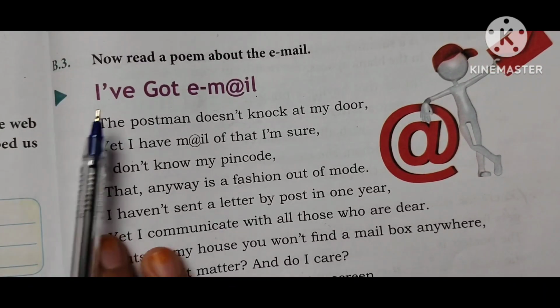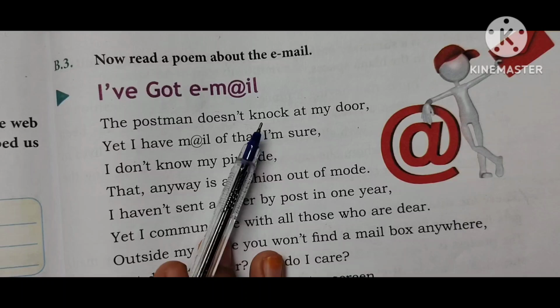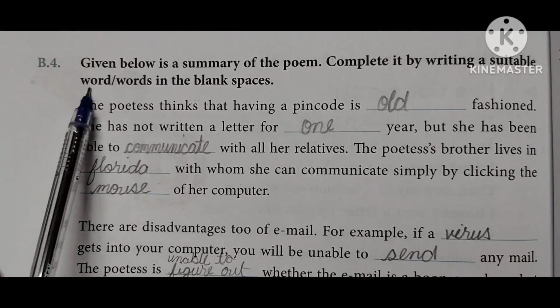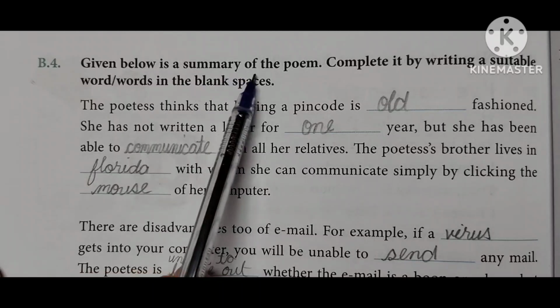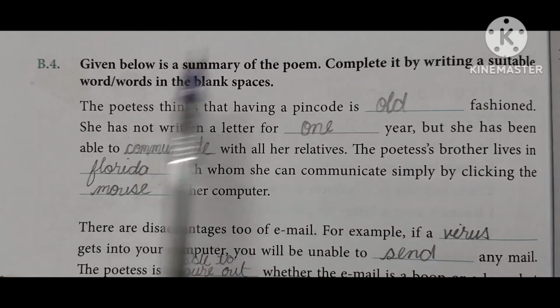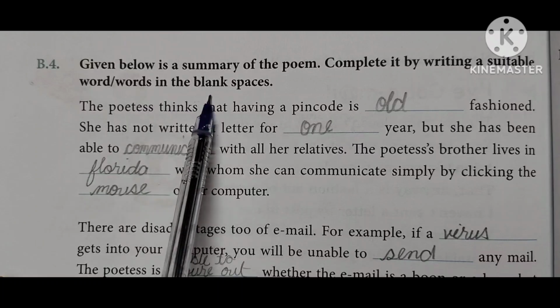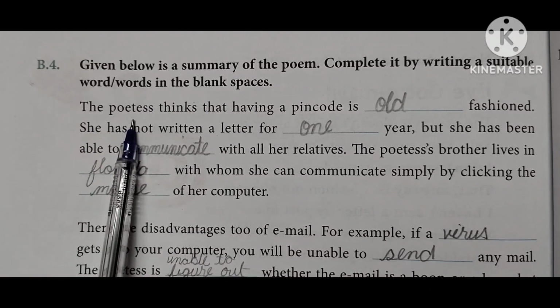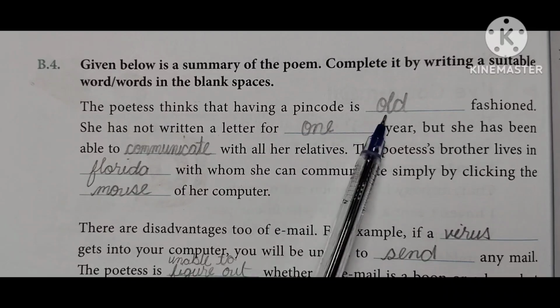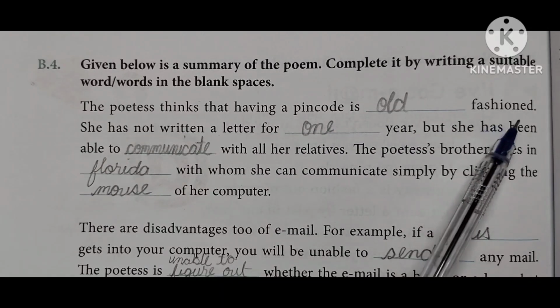Page number 93, I have got email. Page number 94, B4. Given below is a summary of the poem. Complete it by writing suitable words in the blank spaces. The poetess thinks that having a pin code is old-fashioned.